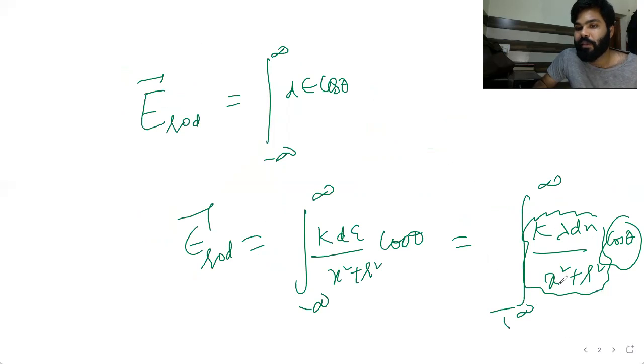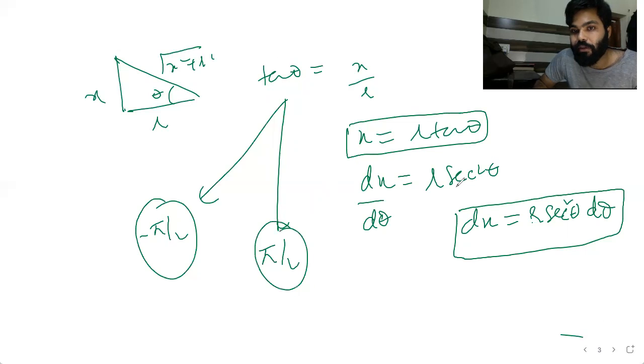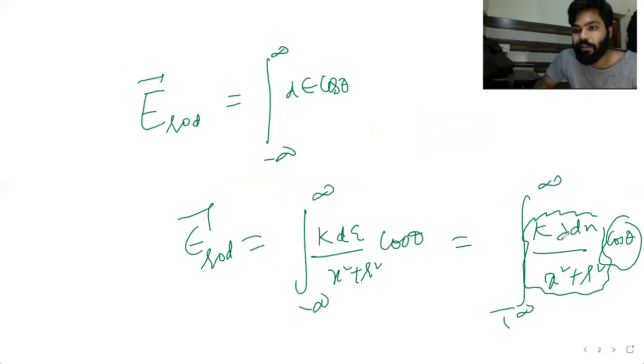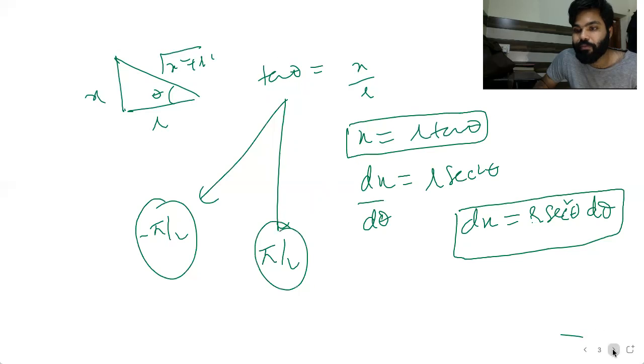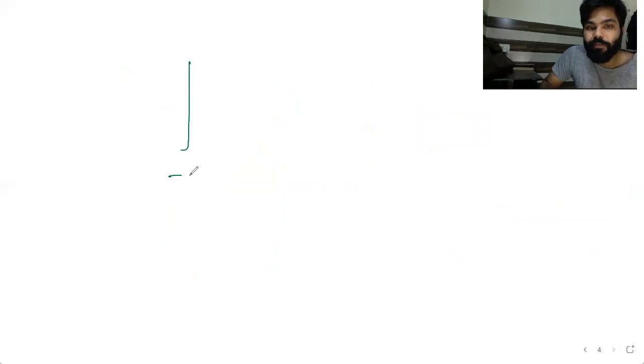Now I will put x as r tan theta, and dx as r sec square theta d theta. Now I have limits minus pi by 2 to pi by 2.